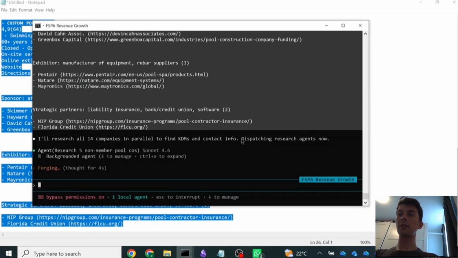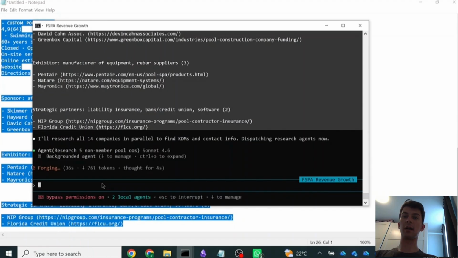So the first thing it's doing is dispatching research agents. You'll see down here, it says 1 local agent at the moment, but while I'm talking, it's going to be spinning up several more local agents. Each one is assigned to each of these companies, and it's going to find everything that I asked it for.